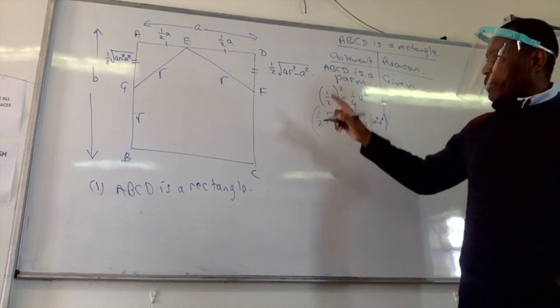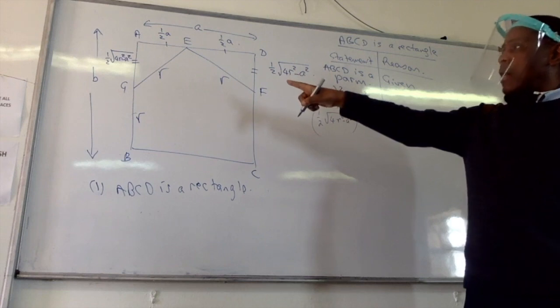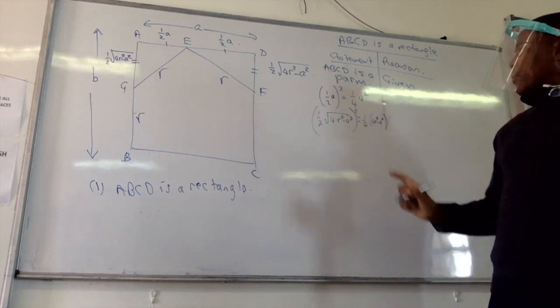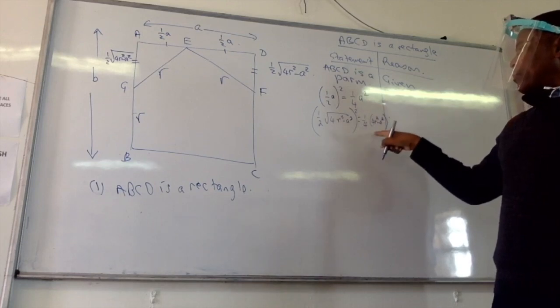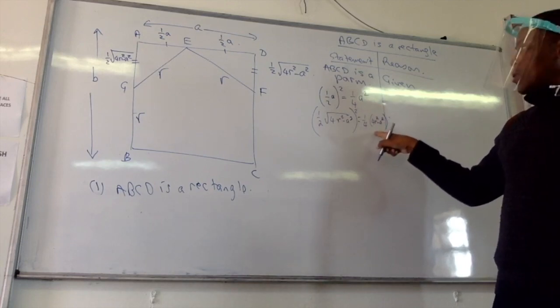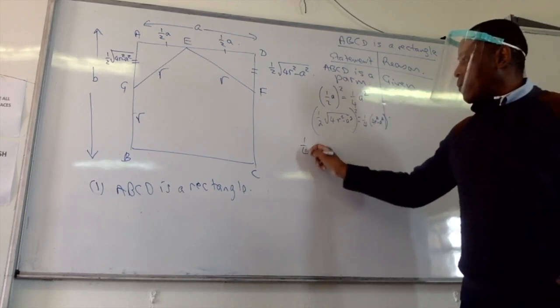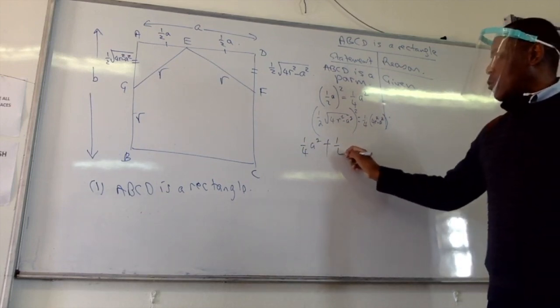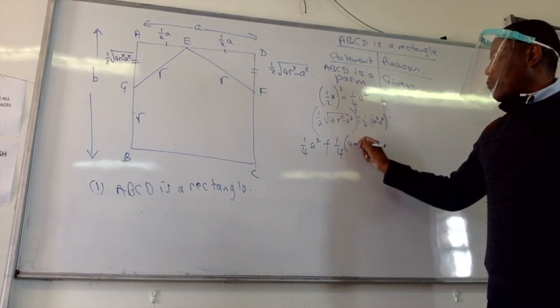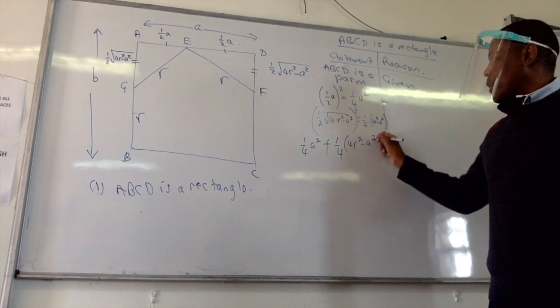Now, the other side is r squared, of course. Now we need to check if we add these two, what answer do we get? So take 1/4 of a squared, and let's add 1/4 of 4r squared minus a squared.